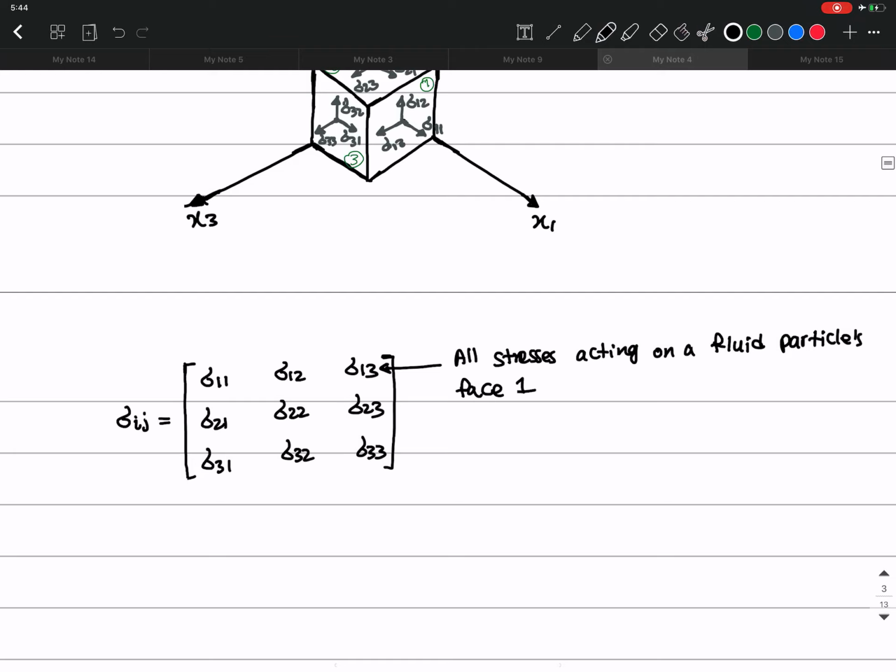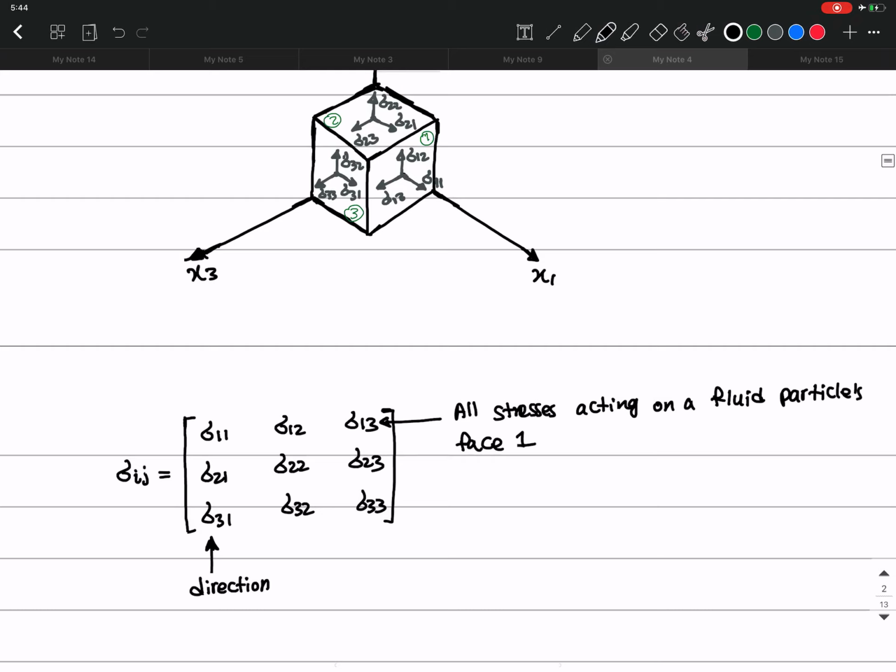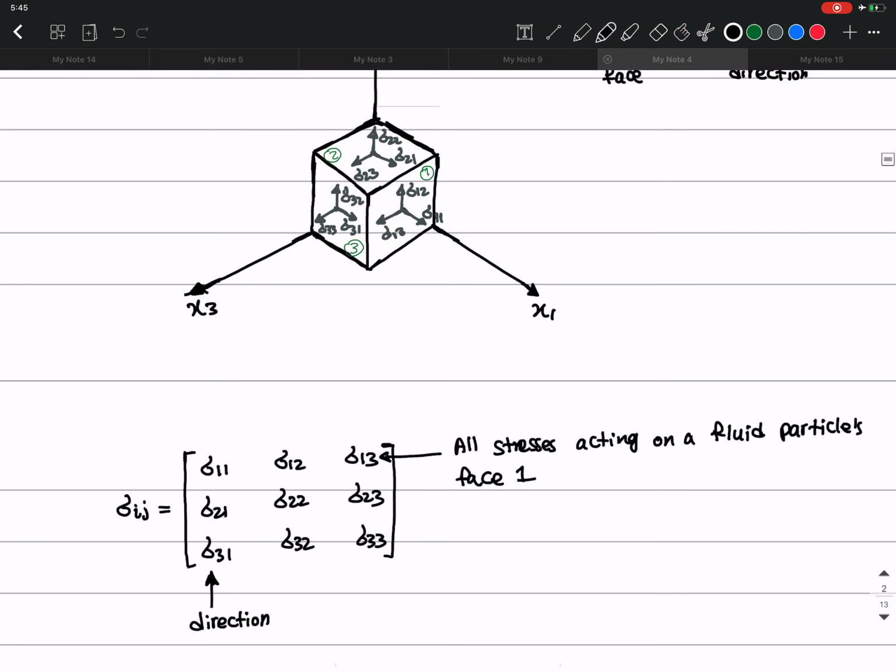The second row shows all the stresses that act on the fluid particle's phase 2, and similarly the last row. And the columns show the direction of the forces. So the first column is all the stresses that act in direction 1, x1, second column direction 2, and third column direction 3.